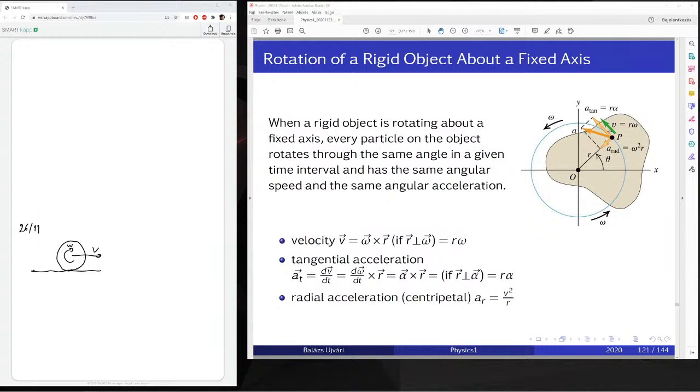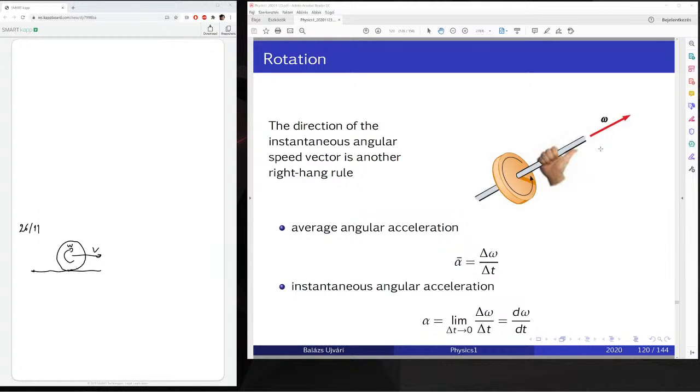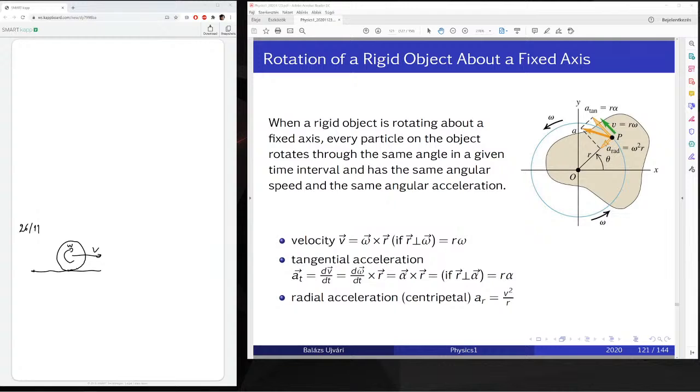For a rigid object the acceleration is not that straightforward, because even if you rotate something with a constant v, you can't see acceleration, but there is always a so-called centripetal acceleration, this radial acceleration.